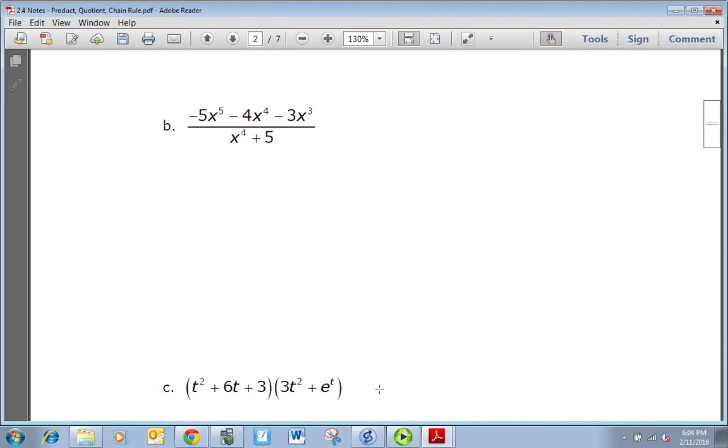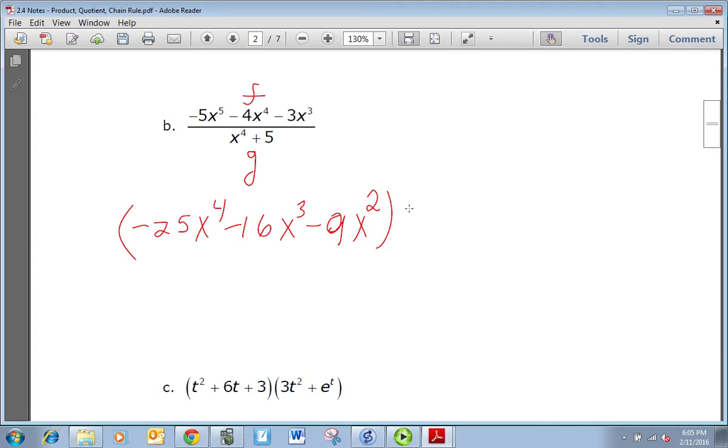Now the quotient rule, I'm going to call f the top function and g the bottom function. So the derivative of the top is negative 25 x to the 4th power minus 16 x cubed minus, no, 3 times 3 is 9, 9x squared. That is the whole derivative of the top. And then the bottom is the bottom, x to the 4th plus 5.